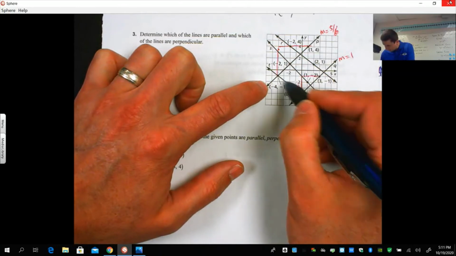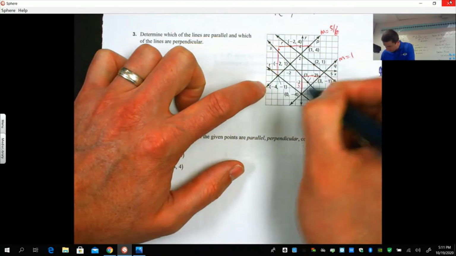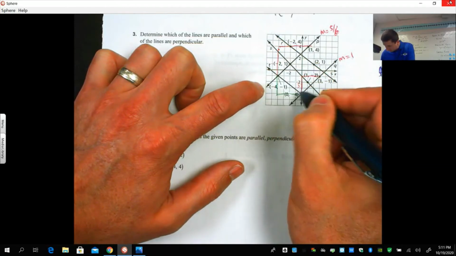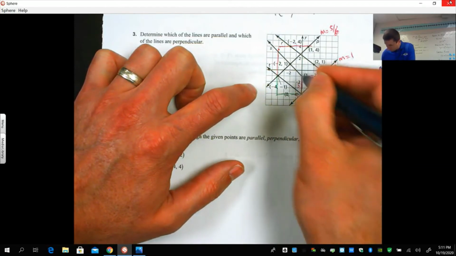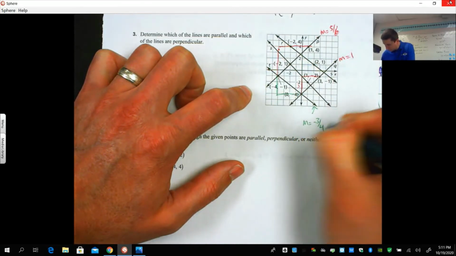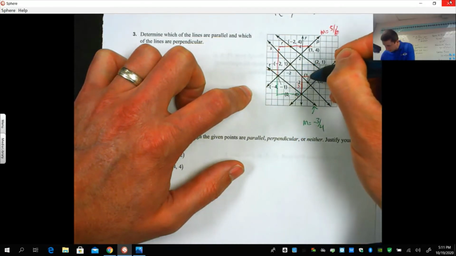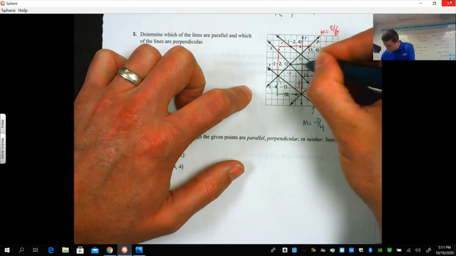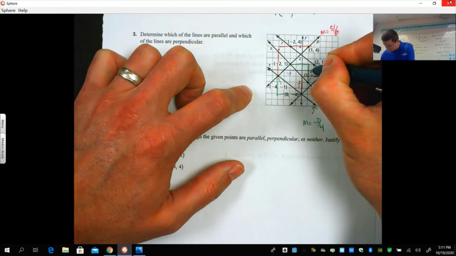So down here we have a 1, 2, 3, and 1, 2, 3, 4. So this line right here, your slope is negative 3/4. This one here is 1, 2, 3, 1, 2, 3. So that's 3 over negative 3.